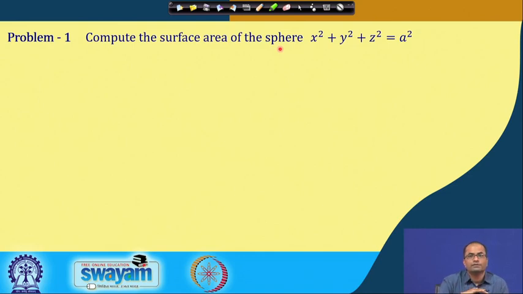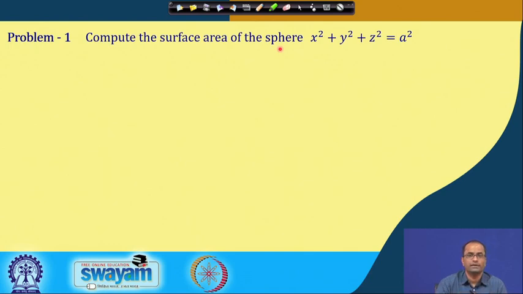We will take, for instance, the upper half part of the sphere, and if we project that upper half part of the sphere, this will give us the circle of radius a in the xy plane. Though we can project this to any one of these planes, either yz or zx or xy, let us project into the xy plane.